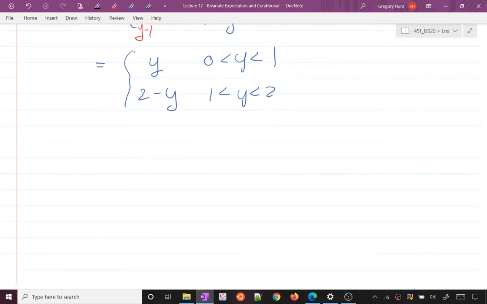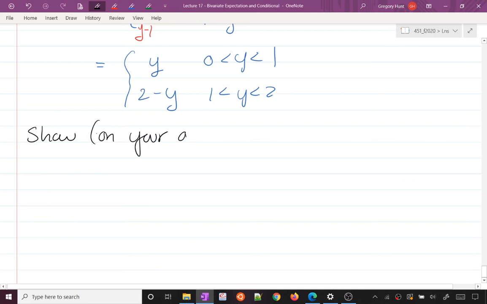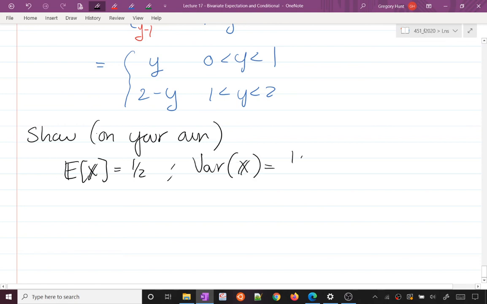In any case, what we can show, I won't belabor this point anymore, but on your own. Certainly we know that the expected value of x is 1/2. So x is uniform 0 to 1, so its expected value is 1/2, and the variance of x is going to be 1/12.